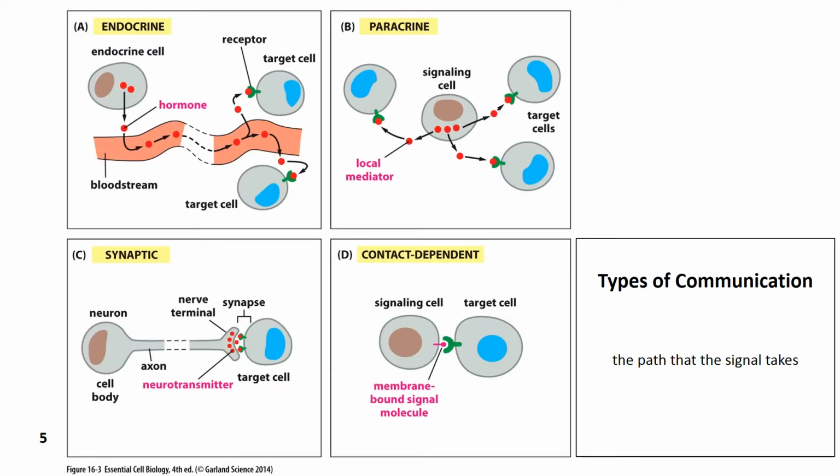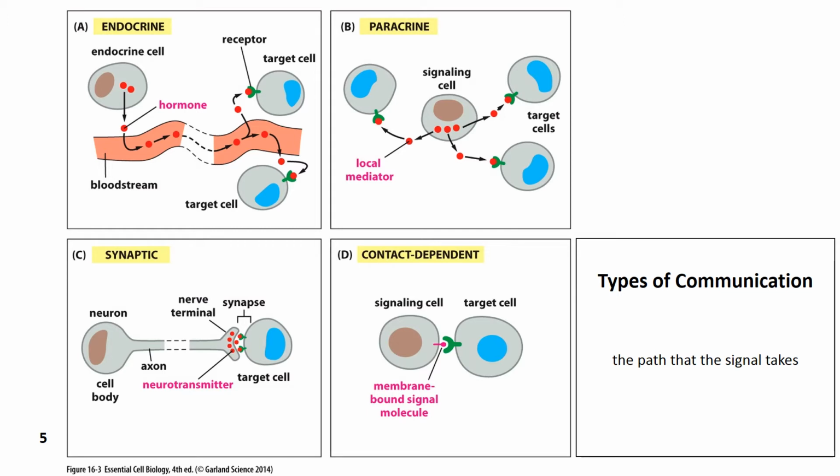The path that a signal takes dictates the type of communication that occurs. Endocrine communication depends upon the signal traveling through the bloodstream. Now, the distance that that signal travels will certainly vary.